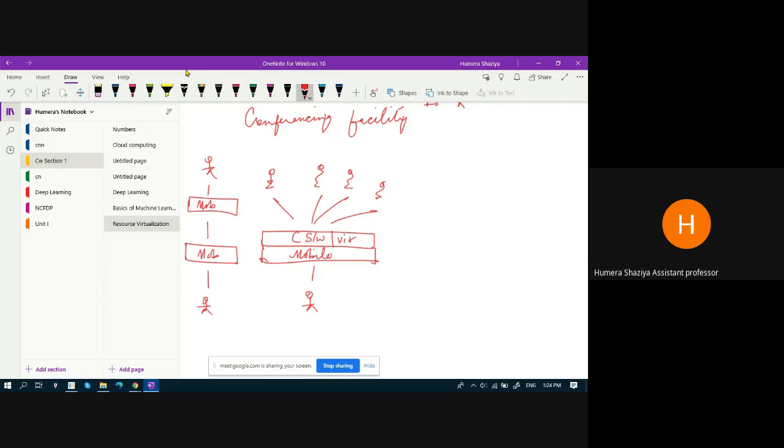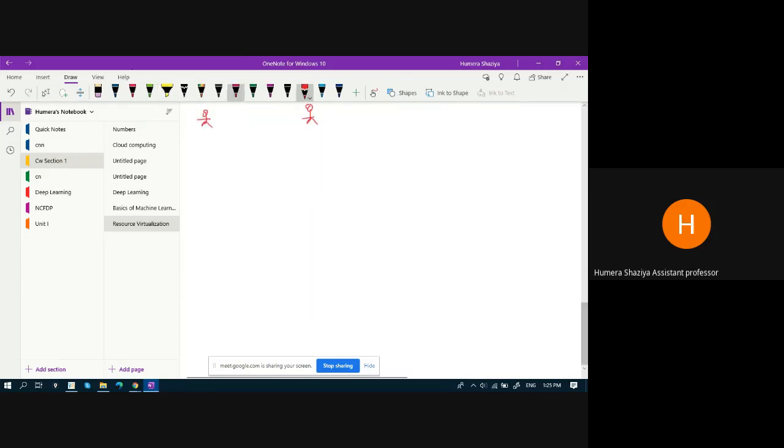So, what are the business benefits of virtualization? This is all about abstraction. What do you mean by abstraction? Abstraction means, you as a person, you have so many layers, is it not?